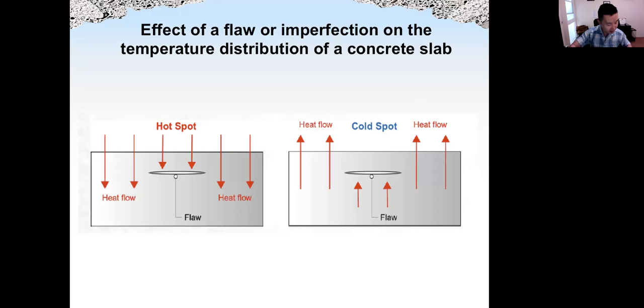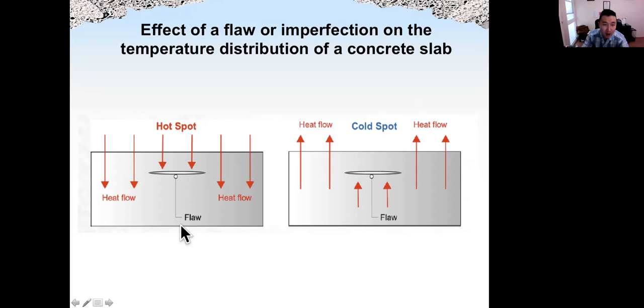Such as here. So here shows the effect of a flaw or imperfection on temperature distribution of a concrete slab. Let's see, we have air voids inside the concrete.